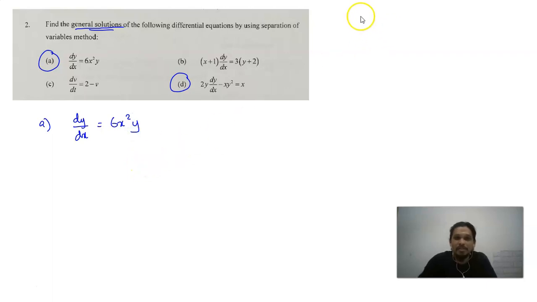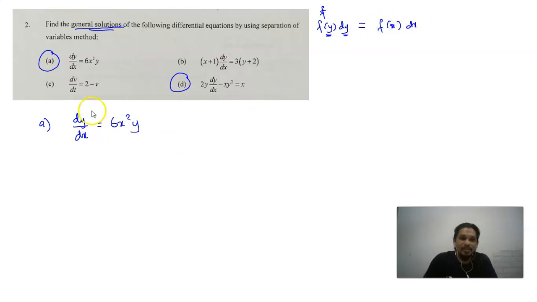Okay, so let's say this is a sign of equal. So on the left side, we try to come up with a function of f(y) dy, and here is f(x) dx. We separate the variables with respect to the variable itself, x and dx here.